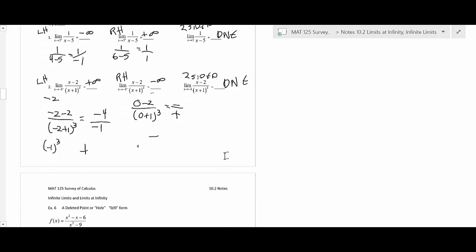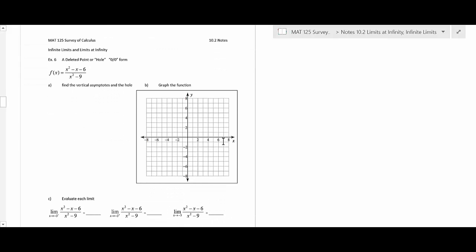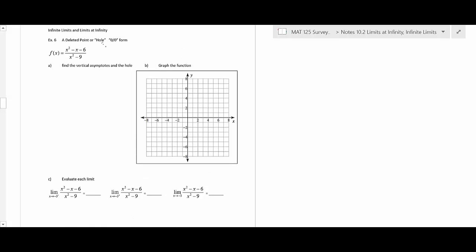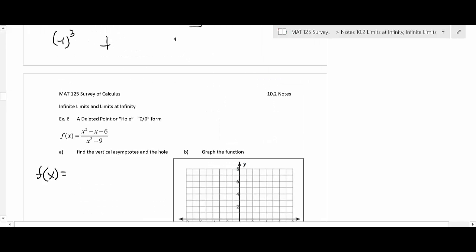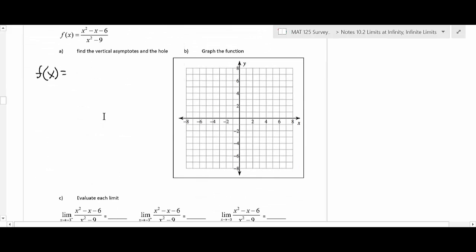All right. So next thing we're going to look at is kind of what happens when you have a hole in the graph. And you got to be kind of cautious about this, so I'm going to do a graph on this one. If you look at this function, first thing we're going to do is factor the numerator and the denominator. So let's get the factoring in the numerator done.